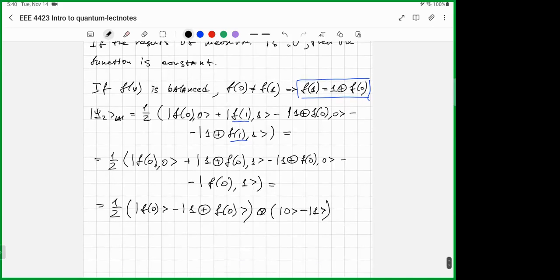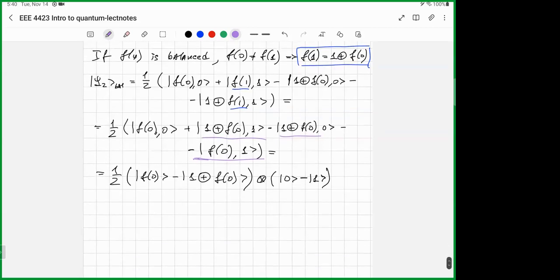Okay, so let us see. Indeed, the product of the first one, f0 and 0, gives us f0, 0. Then the second one, f0 minus f0, 1, which is this term here. The next one is 1 plus f0, 0 with minus, which is this one. And finally, plus 1 plus f of 0, 1, which is this one.